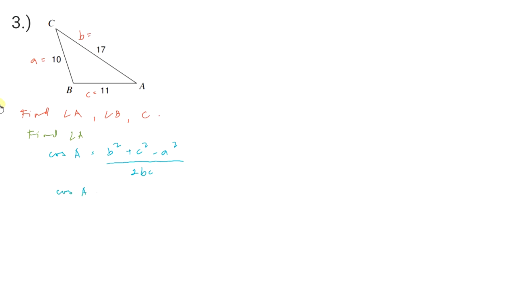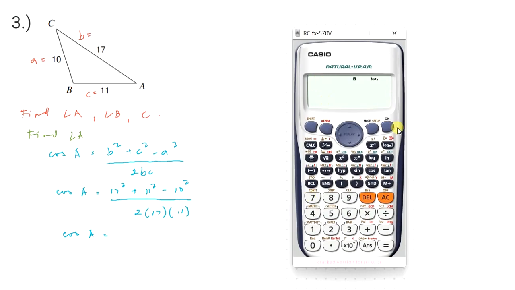Cosine of angle A is equal to, our B is 17, so 17 squared plus our C is 11, so 11 squared minus our A is 10, so 10 squared, all over 2 times 17 times 11. Now let's use our calculator.